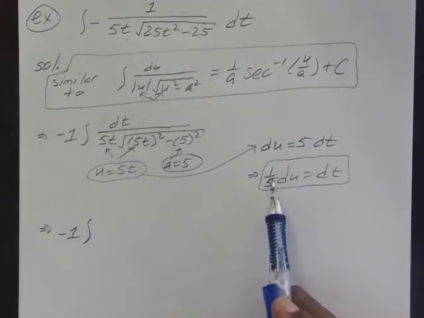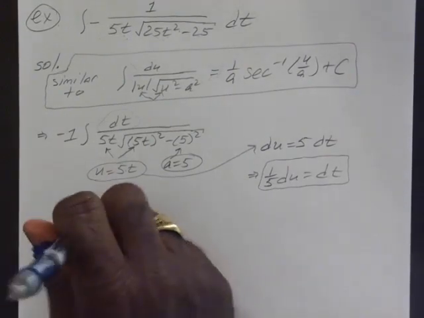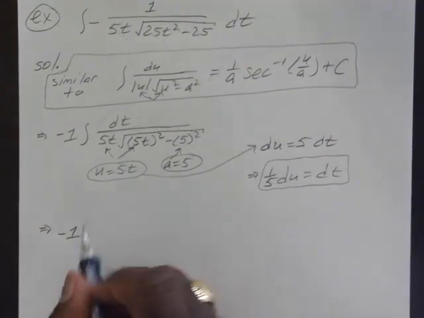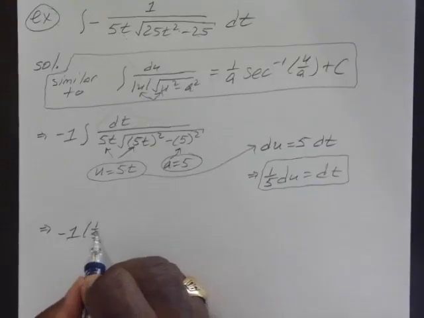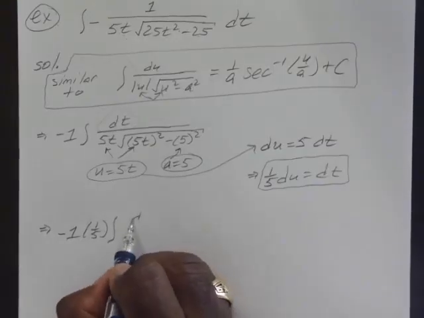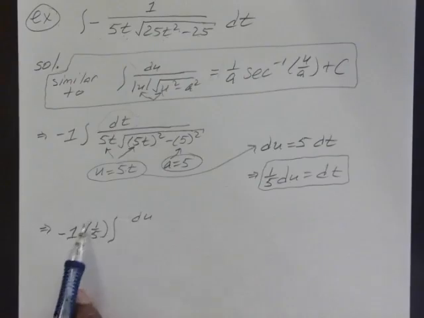And just to save time, we're going to factor that 1 over 5 right from the beginning. So factor that 1 over 5 right to the front.